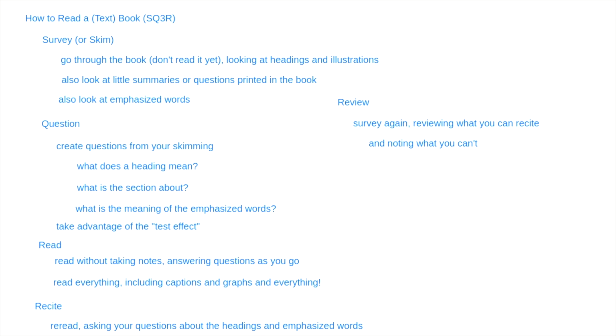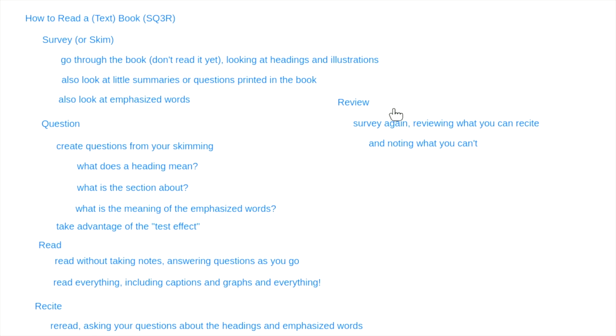You're going through the book, you're looking at the headings, and you're reciting, right? And why don't you call this recite? Well, because this happens later. This happens a week later, or a month later, or 6 years later, or whenever it is that you need to do reviews. It's the day before the test, right? And we are hoping that you aren't reading the textbook for the first time the day before the test.